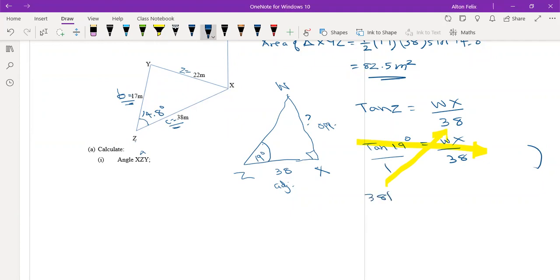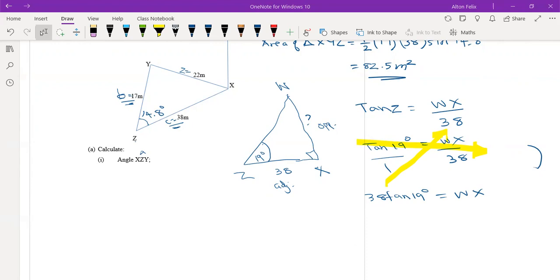38 tan 19 is equal to 1 by WX, which is WX. So we just need to find tan 19 on the calculator and multiply by 38 to give us our answer. Right, so let's find the tan of that. 0.3 multiplied by 19.